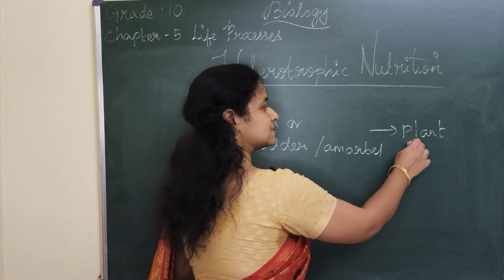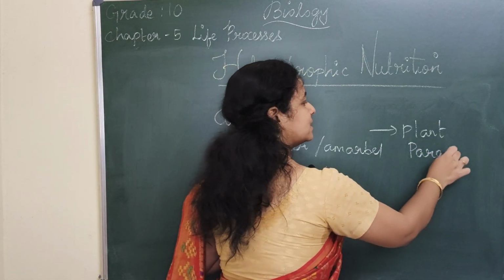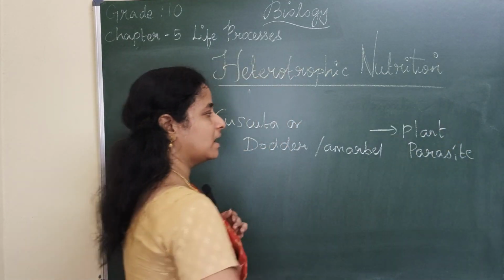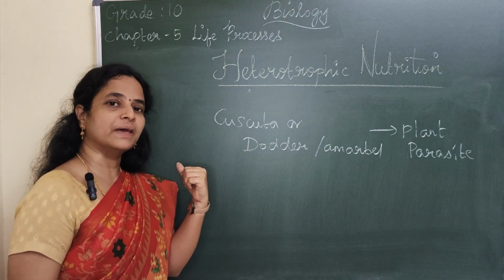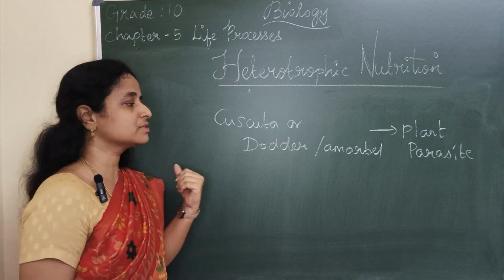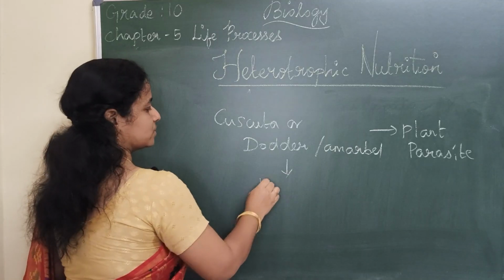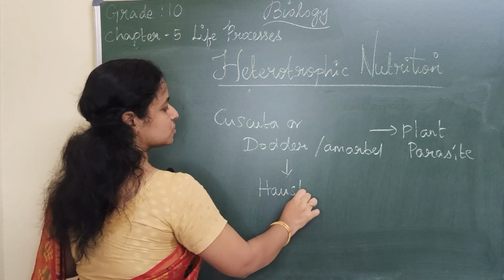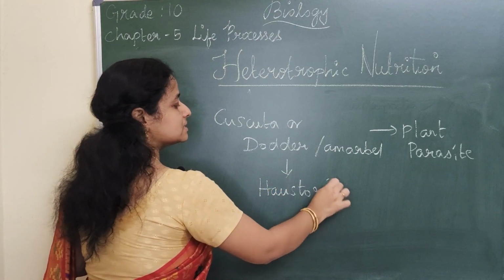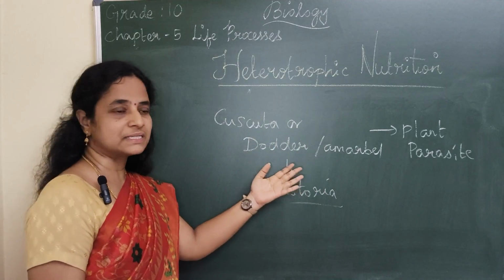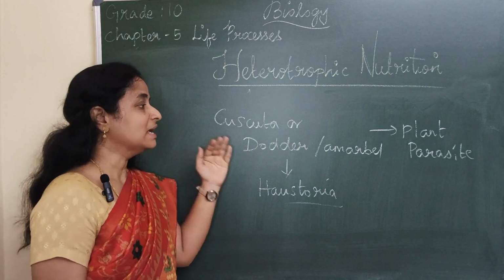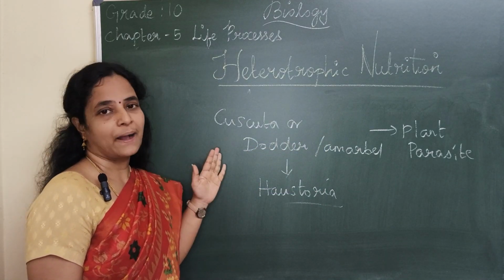These plant parasites will find a specific host and take up nutrition from them through a specialized structure called haustoria. Haustoria are specialized structures in these plant parasites to take up nutrition, and they damage the host completely.